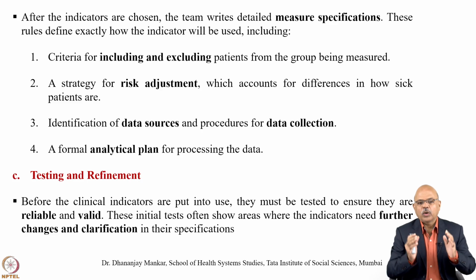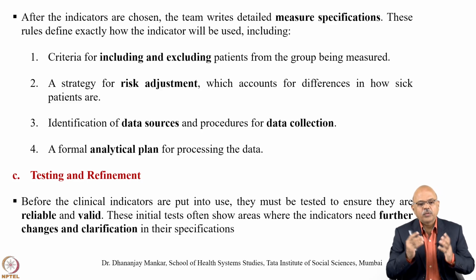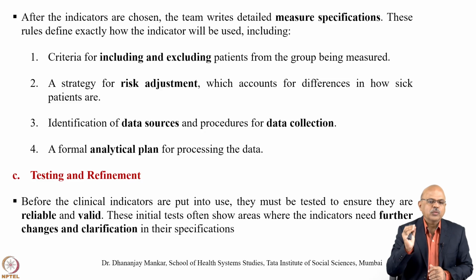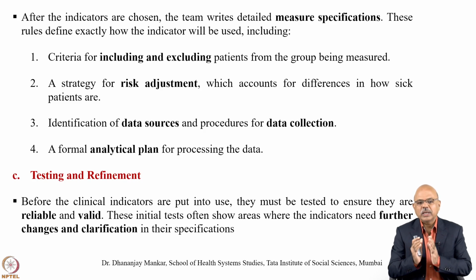The test must be on reliability, and it must be on validity. These initial tests often show the areas where the indicator needs further improvement or changes, and sometimes you may seek clarification from the experts, internal or external, or sometimes you may need to work on the specification with respect to the comments or suggestions given by your quality team. So testing and refinement is one essential part that needs to be completed at the last.